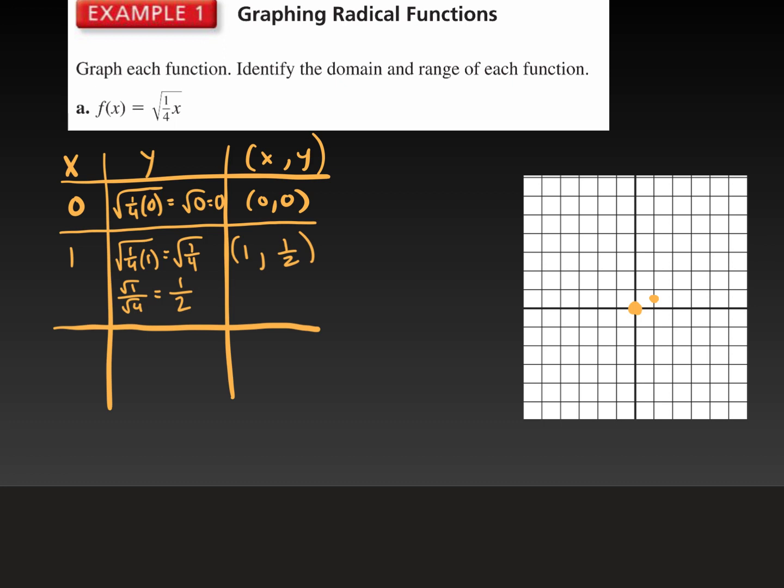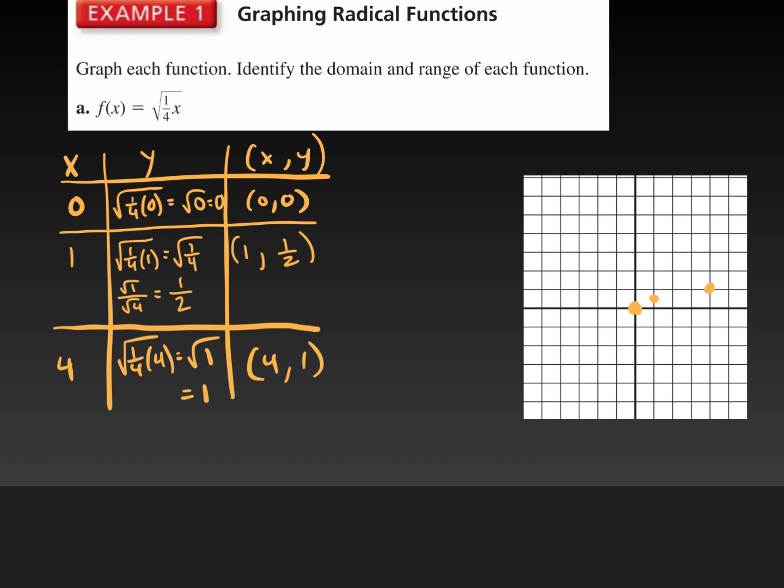Because what's 4 times 1/4? 1. Perfect. So let's plug in 4. So 4 times 1/4 would be 1. And what's the square root of 1? 1. So I plugged in 4 and got 1. So I'm going to go to the right 4 and up 1.